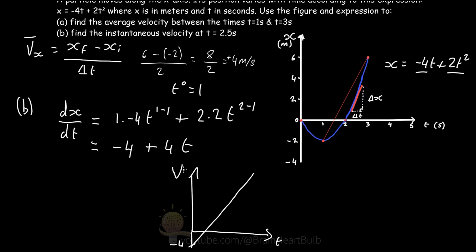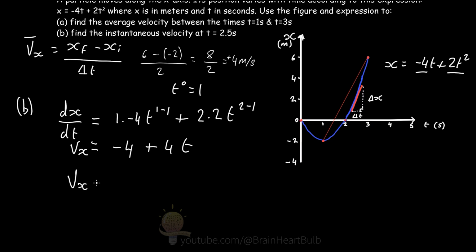So this graph shows us that the velocity is increasing linearly with time. So all we need to do now is plug in this value, 2.5, into our new expression. This expression gives us the instantaneous velocity throughout time for this particle.